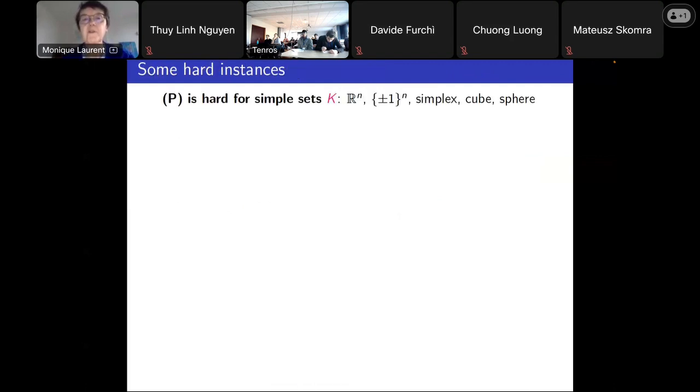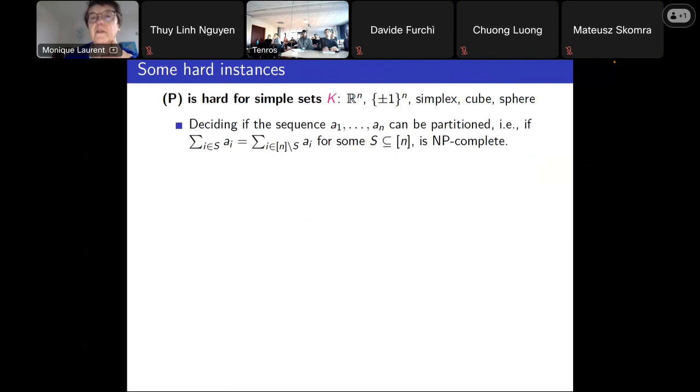So first of all, let us observe that such a problem is computationally hard already when dealing with seemingly simple sets K, which could be the full space, the binary cube, the standard simplex, the hypercube or the sphere. Such sets seem relatively simple, but nevertheless, optimizing over them is already hard. And here are some examples just to illustrate this.